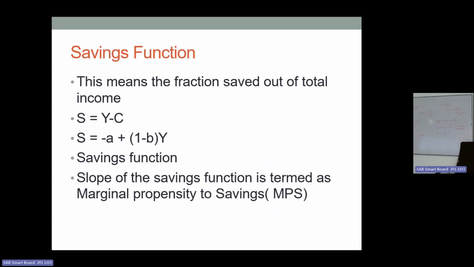But there are other explanations. If you look at classical economics, consumption depends on income, and savings depends on what? There may be different arguments.